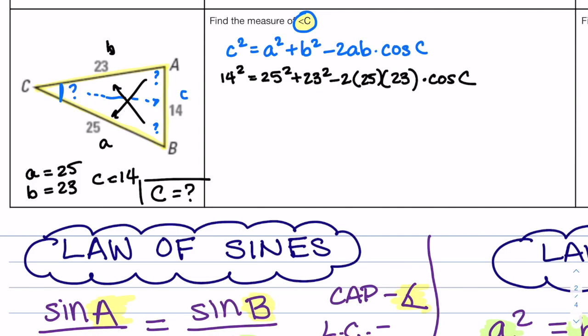C. Okay, so please be careful when you are solving for a missing angle. I'm going to tell you what I noticed that a lot of kids do. They see a string of numbers, right?